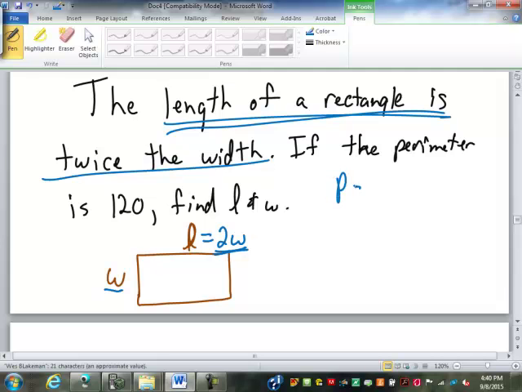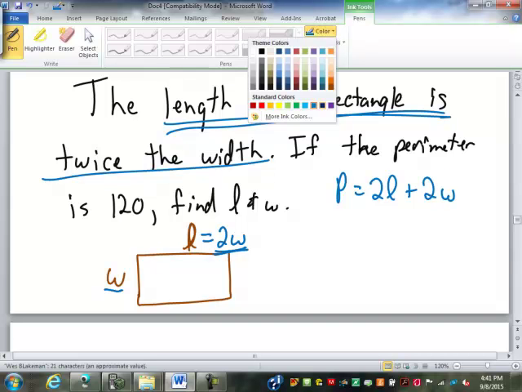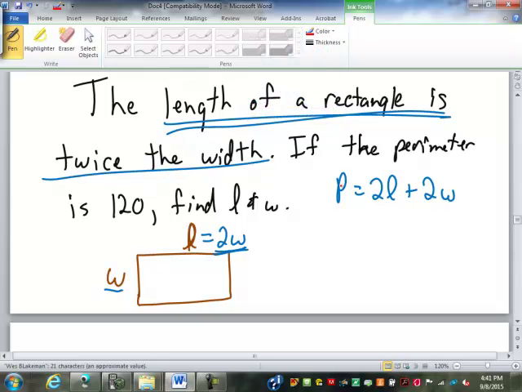So my perimeter formula, perimeter equals 2L plus 2W. Do I know P? 120 equals 2L is going to be 2 times, what's L? Well, 2W, plus 2W is just, the width is just W right now.